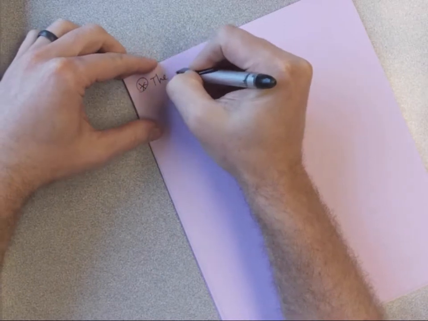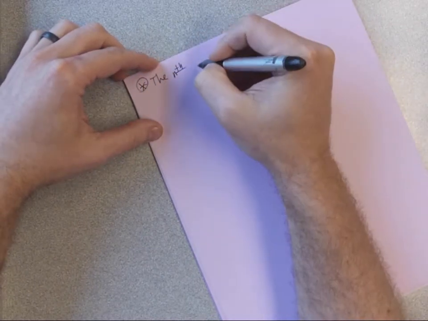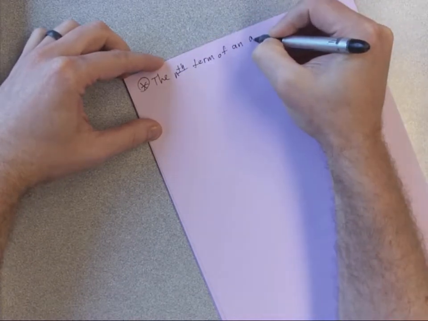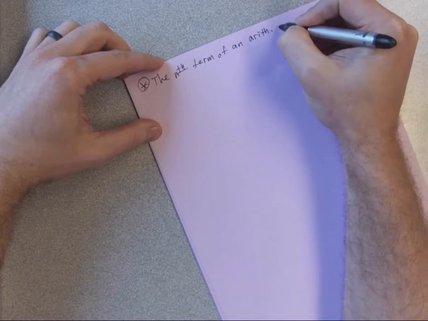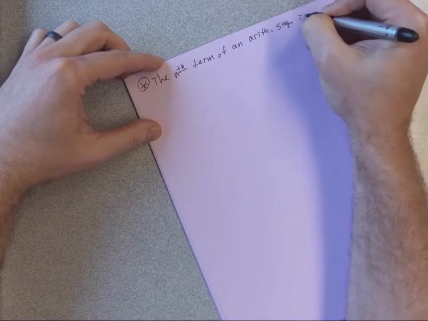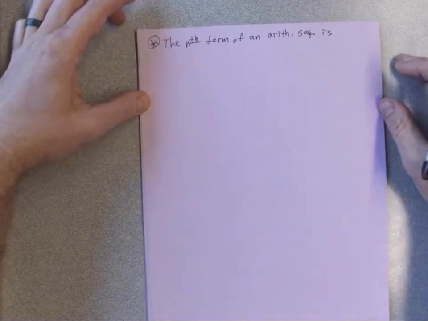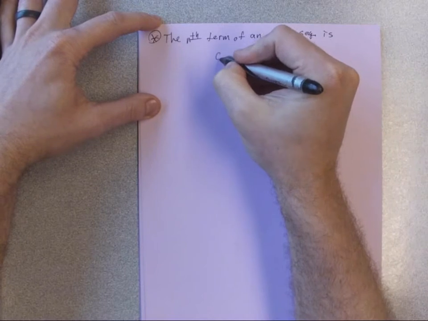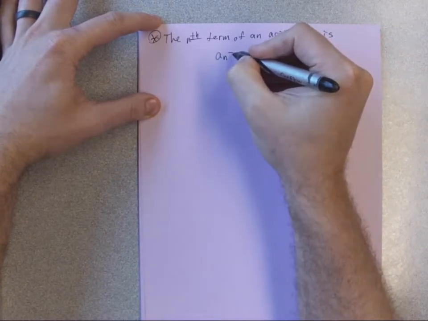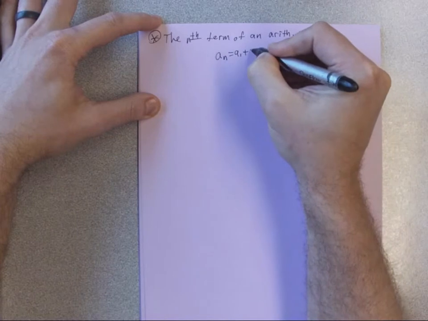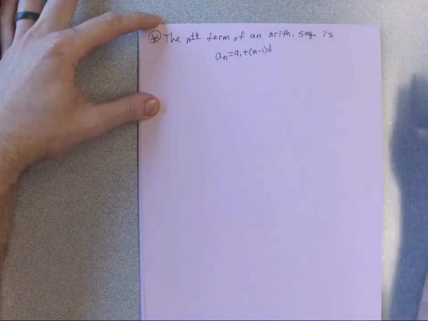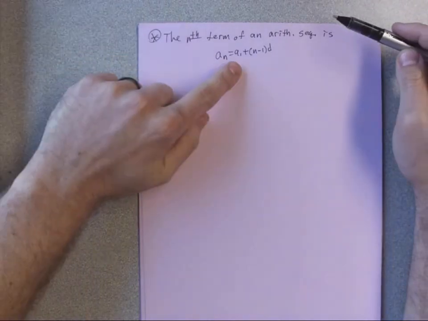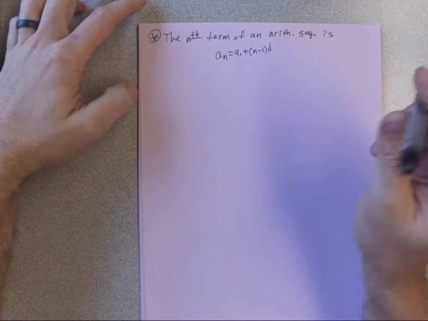So the nth term, and this is important to know, the nth term of an arithmetic sequence is, and here comes the formula, an equals a1 plus n minus 1 times d. Alright, so to be able to determine the nth term of a sequence, you need to know a1 and d, which are the things we just figured out.